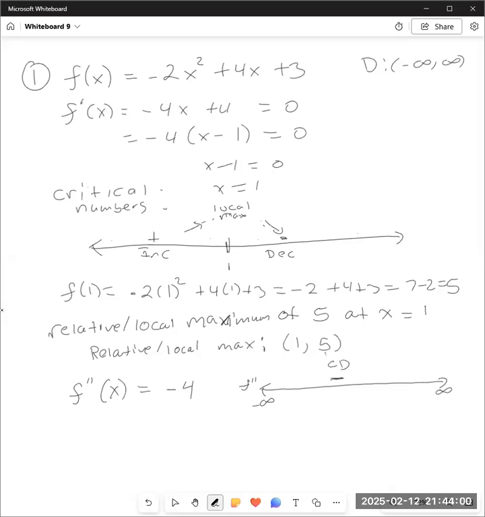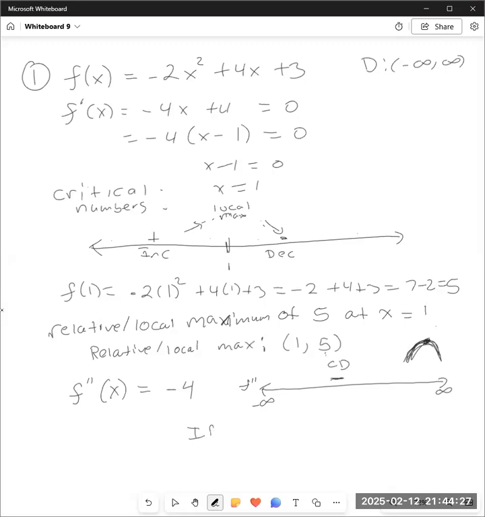We'll talk a lot more about concavity later, but concave down means that it has this kind of a shape to it where it's opening down. If it's opening down and there's a critical number in that concave down piece, that critical number has to represent a local maximum.